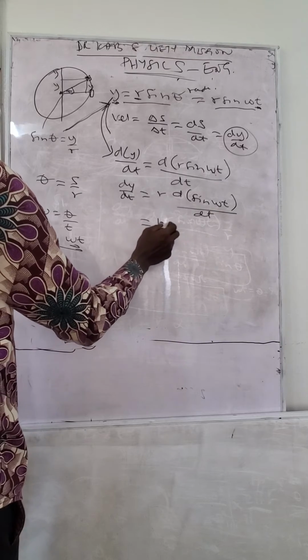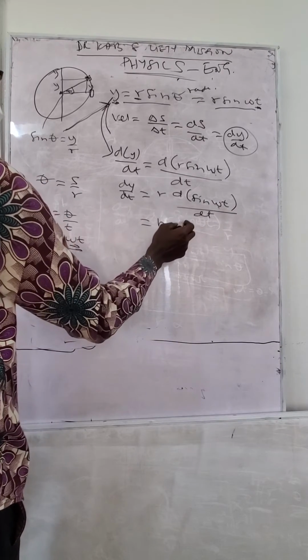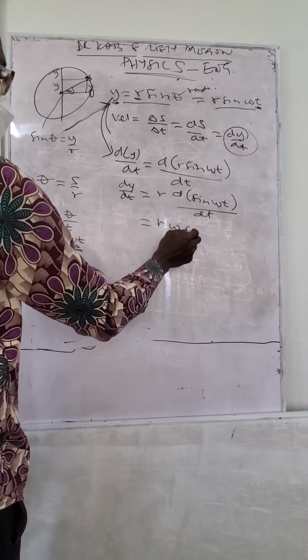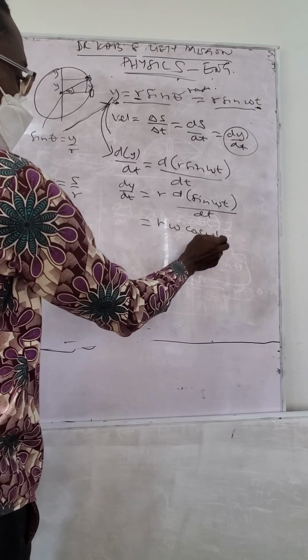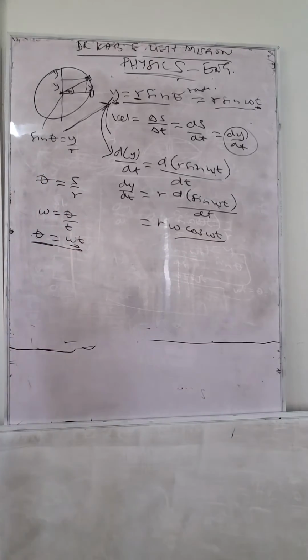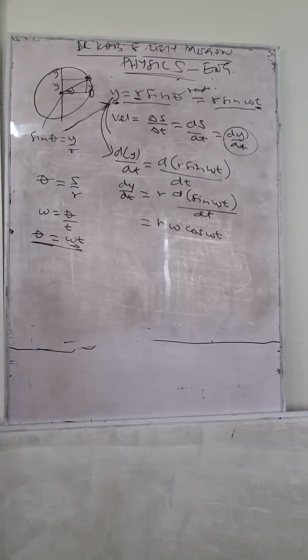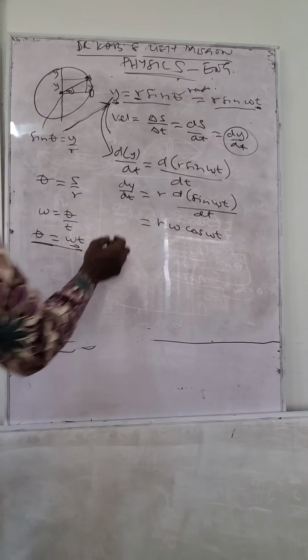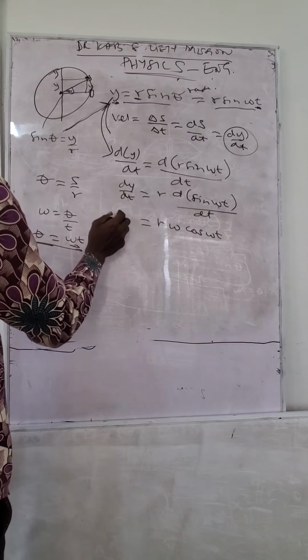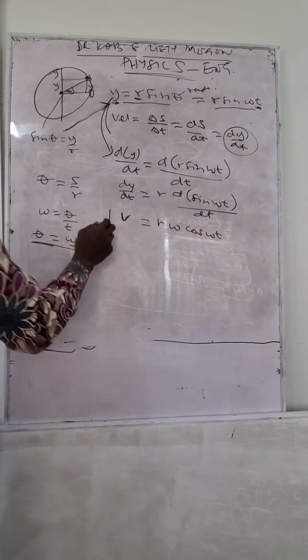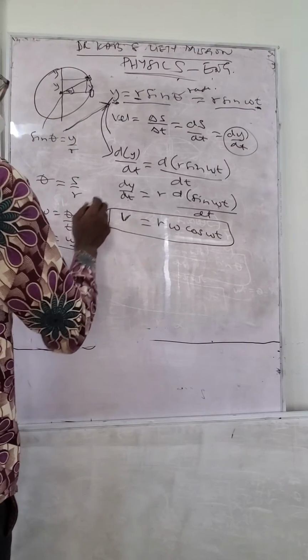So r, and the constant will come out, this constant will come out, so r omega cos omega t. And dy dt is the same as the velocity. So this is the velocity, the first equation for simple harmonic motion.